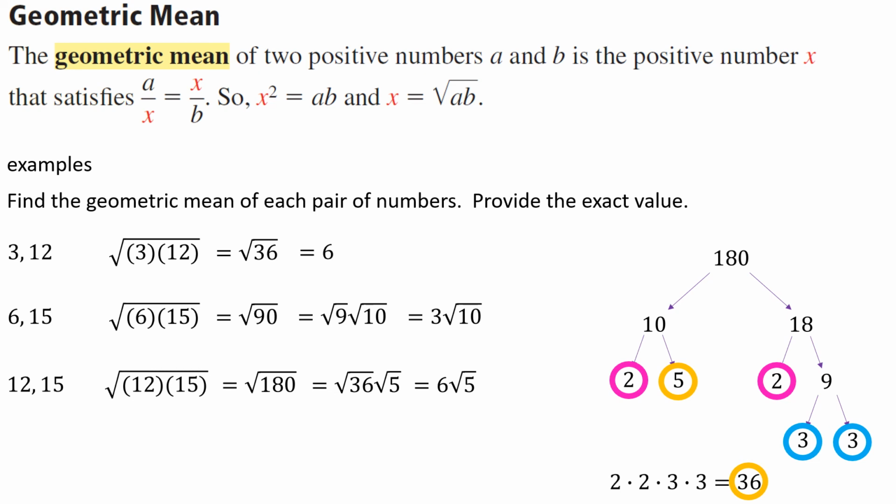You can list all the pairs, but sometimes it's cumbersome. Or the other method would be, let's try some squares. Well, 100, no, that's way too big. 81, that won't divide in there. 64, that won't divide in there. 49, that won't divide in there. 36, okay, it worked. But that's a lot more guess and check. With the factor tree, you're not really doing guess and check. You just make the factor tree and then you'll see what works.